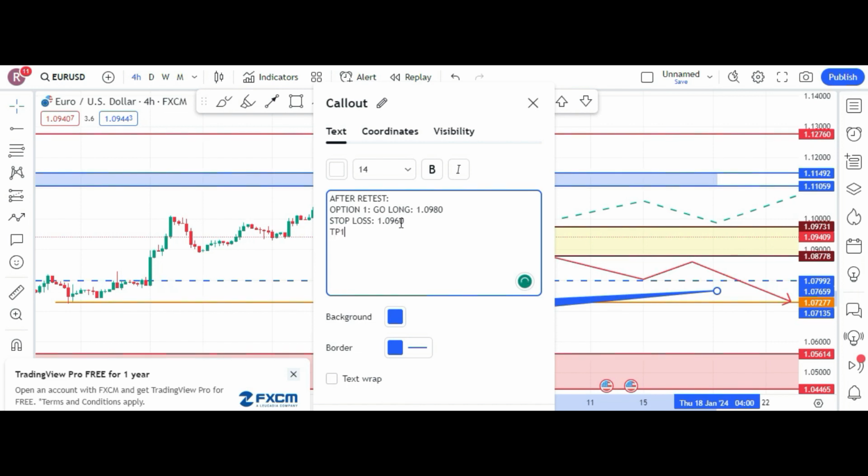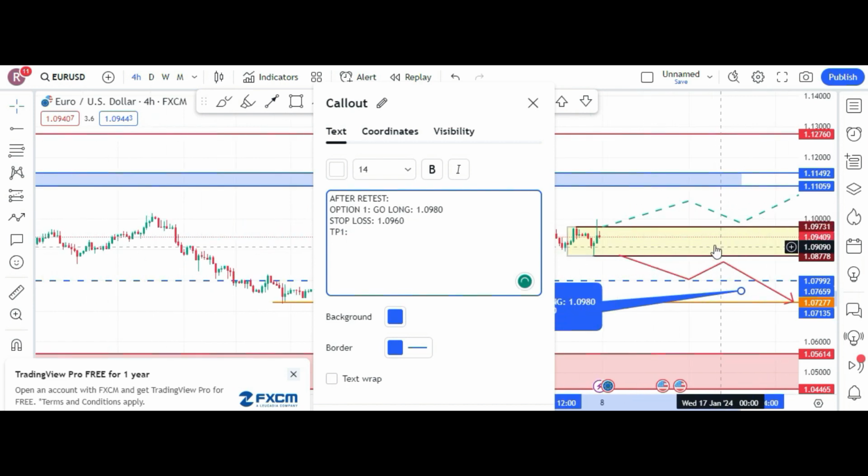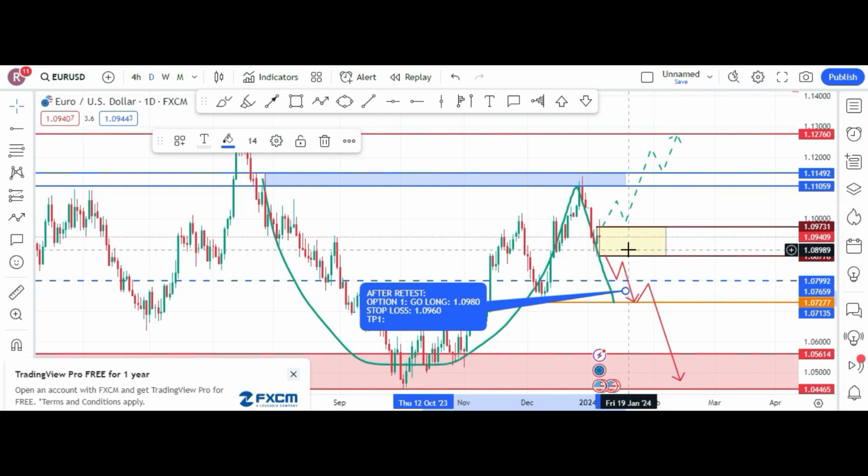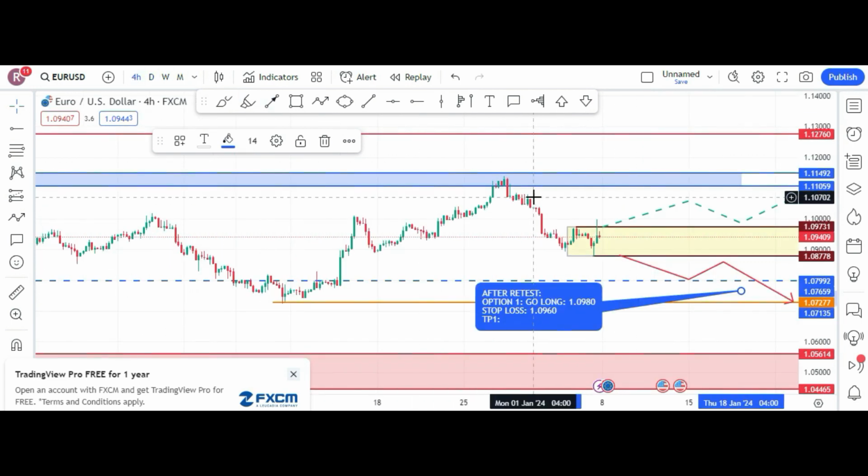Target 1, take profit 1, let's go to the day chart. Take profit 1 will be here, because once it retests, there is nothing that can hurt us. If we go to 4 hours, something can hurt us here, but that will be covered.